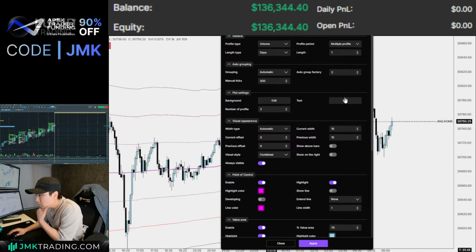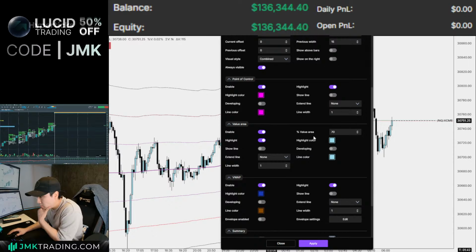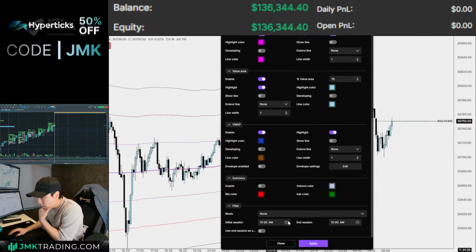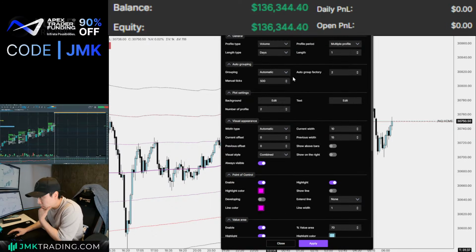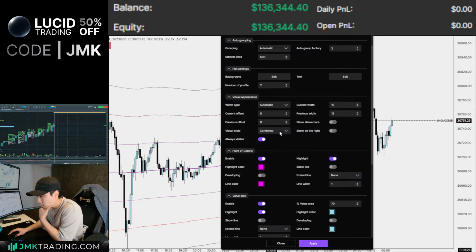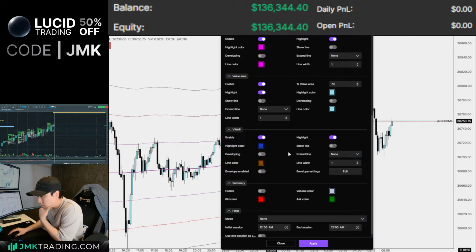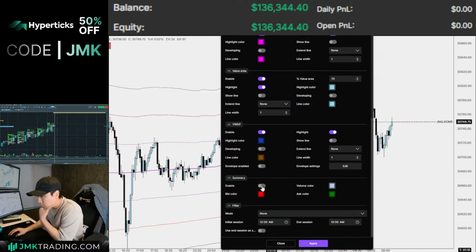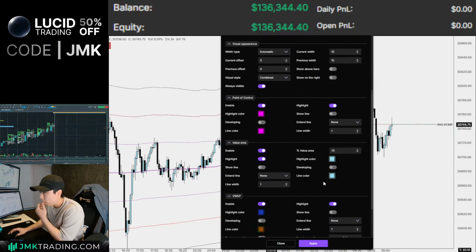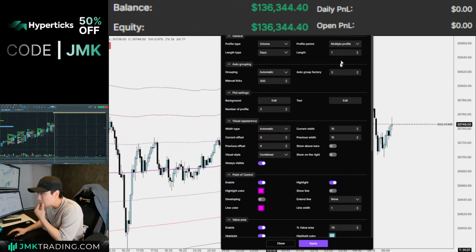How do I anchor this to the right? Can I not anchor this to the right?